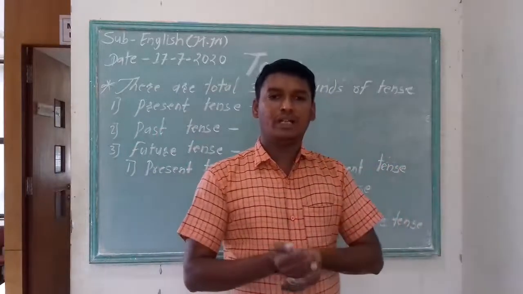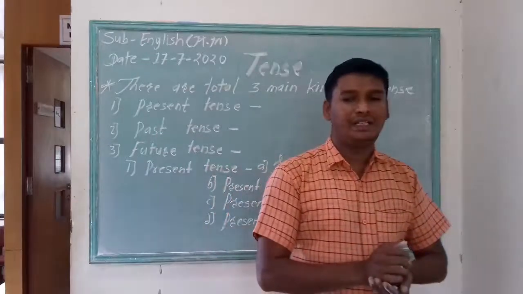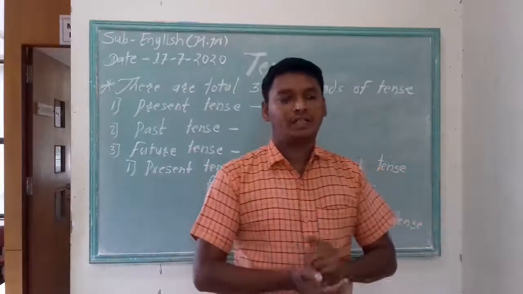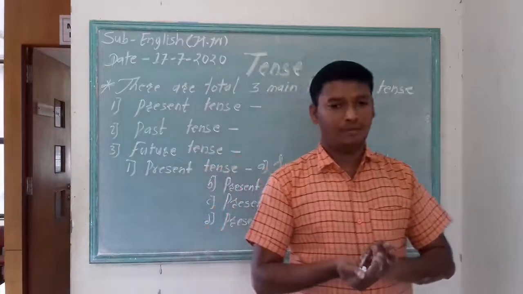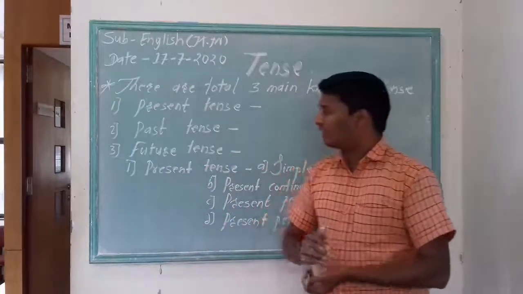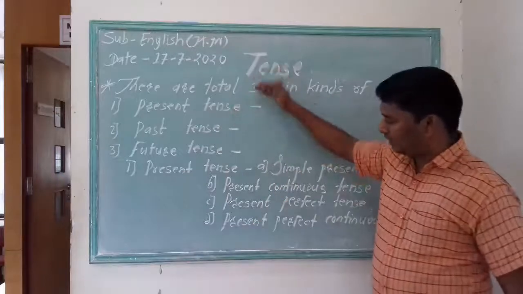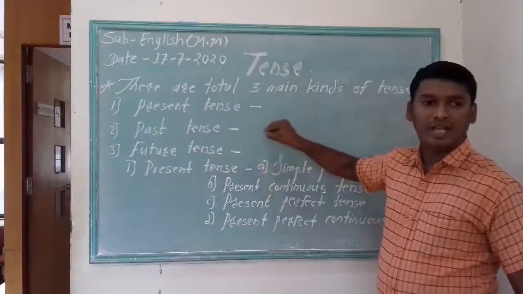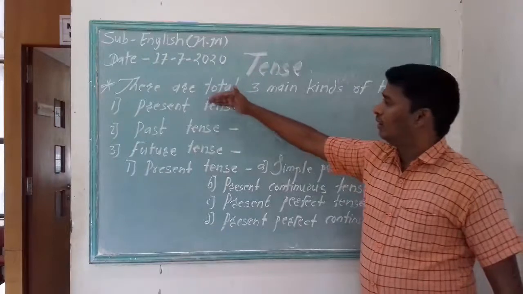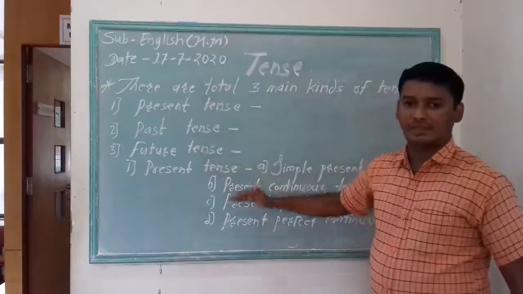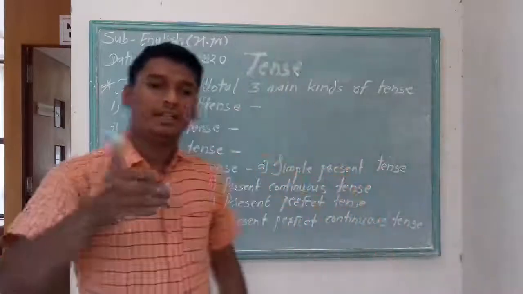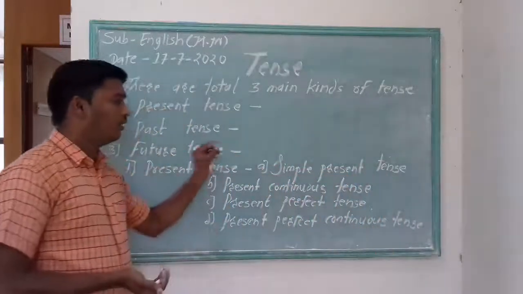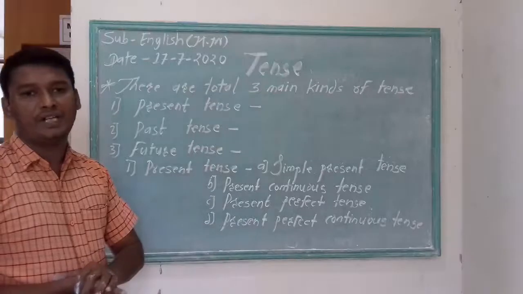We have to learn each subkind in detail, its structure, its application, and some examples. Now we have to just write whatever I have written on the blackboard, main kinds and subkinds. Write down now. Write down, then I will teach you all subkinds in detail.